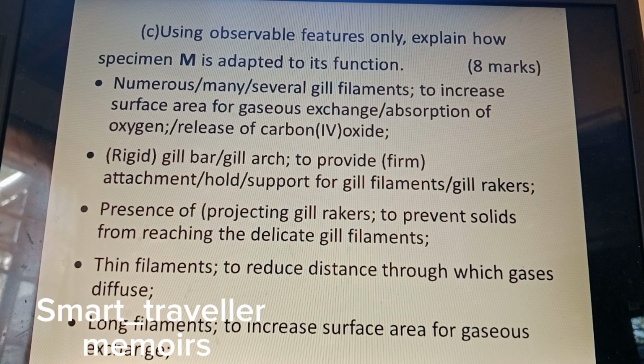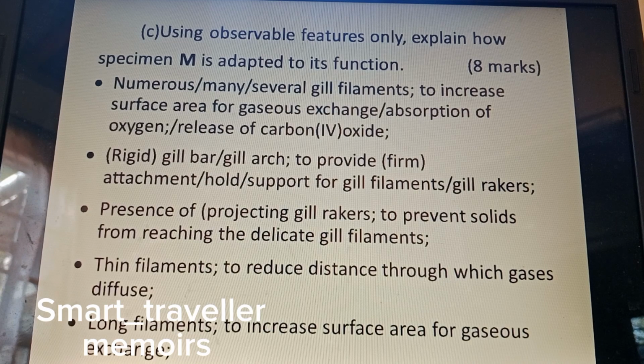Next point, presence of gill rakers to prevent solids from reaching the delicate gill filaments. So you can avoid the word projecting. You can just say gill rakers.